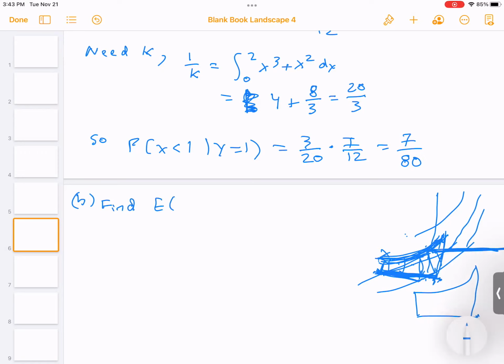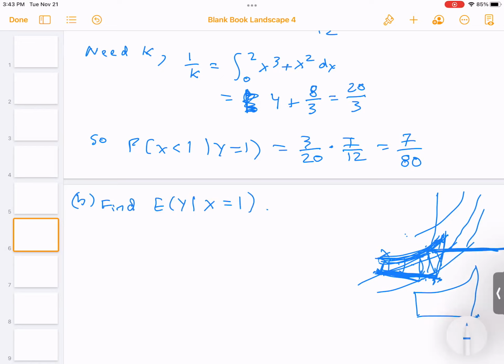E, let's do E of Y. So I'm flipping it, okay? Before I was conditioning on Y, now I'm conditioning on X, just to give us more practice with this. Hey, if we run out of time and don't get to the T distribution, it's okay, we'll do that next time. We have enough time, I figured out.